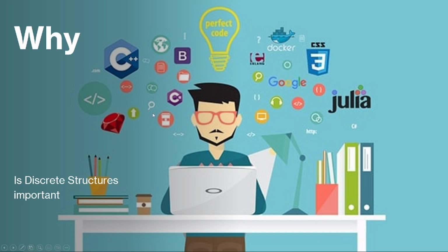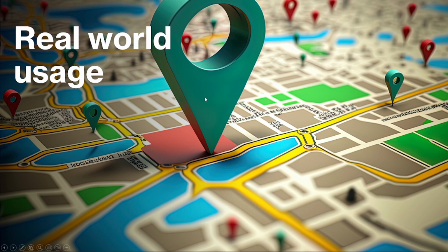Now you might be asking, what's a good usage of discrete structures? Well, one of the main ones that we use commonly every day is GPS. The GPS or navigation system uses graph theory, which is a key part of discrete structures.